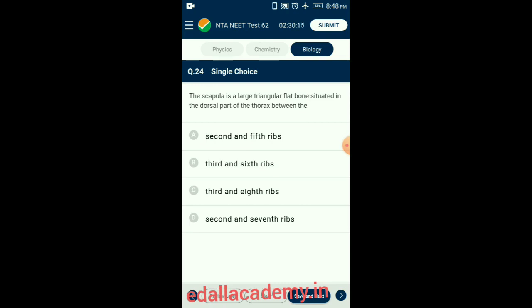The end of the spine projects as a flattened and expanded process called the acromion process. This process articulates with the clavicle. The scapula bone is situated in the dorsal part of the thorax between the second and seventh ribs. So the answer is option D, second and seventh ribs.